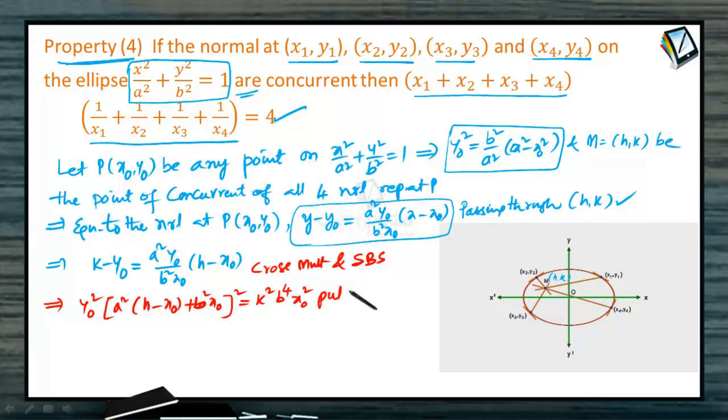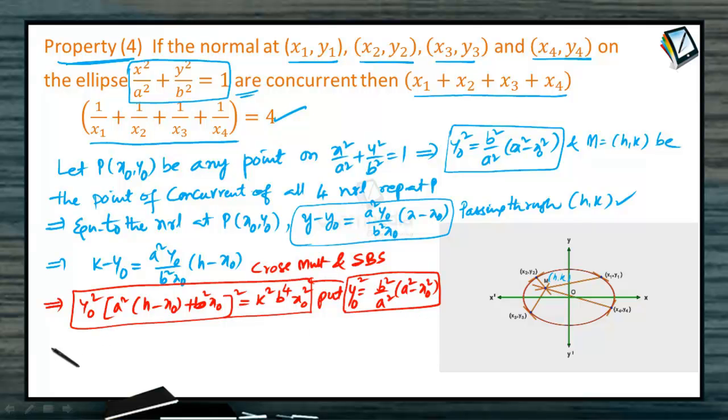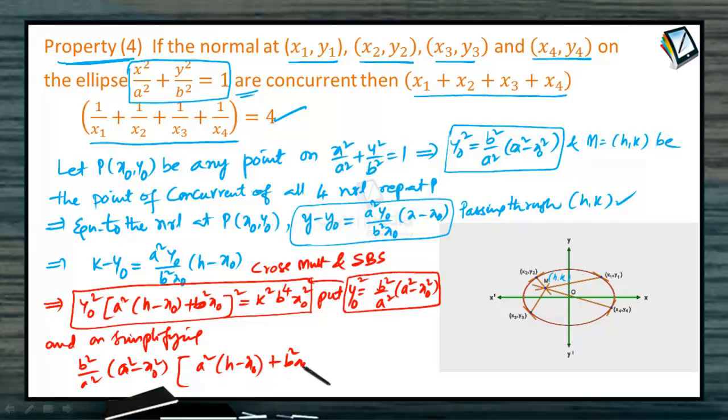In this, put the value of y naught square, which is b square by a square into (a square minus x naught square). On simplifying, we get b square by a square into (a square minus x naught square) into (a square into (h minus x naught) plus b square x naught) whole square is equal to a square b power 4 into x naught square.